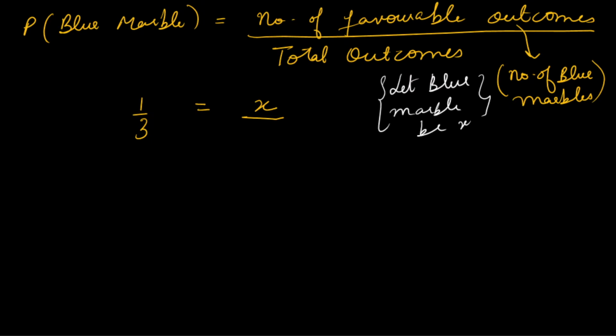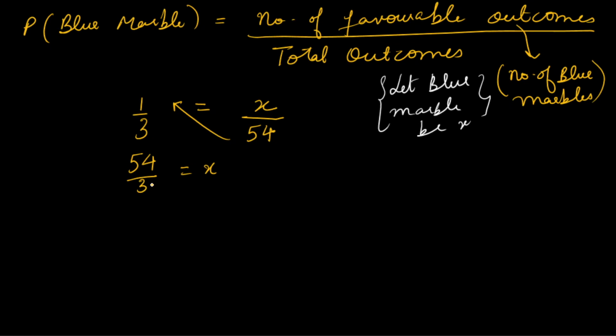But total outcomes we already know, it is 54. So I'll shift 54 to the other side. So 54 by 3 is equal to x.